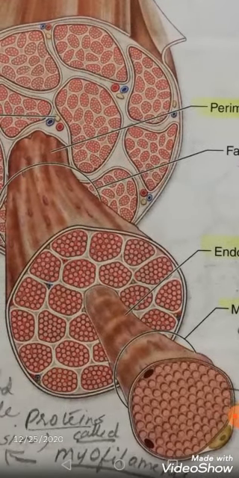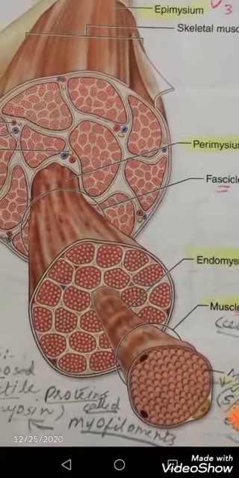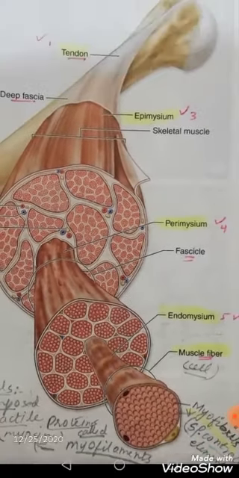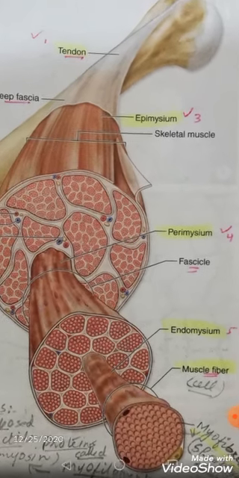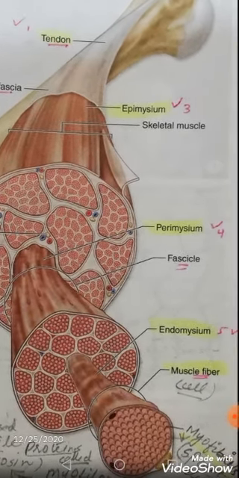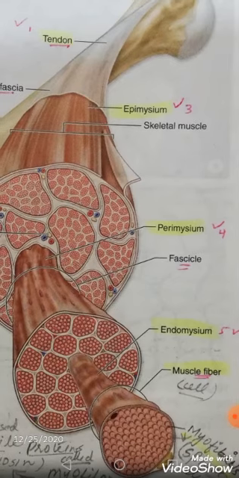So in this way you can see that the muscle, its bundles and its individual muscle fibers or cells are being covered by three layers. The outermost is epimysium, then the perimysium and the endomysium.